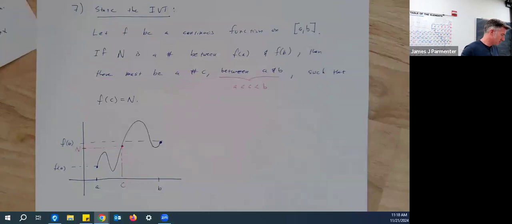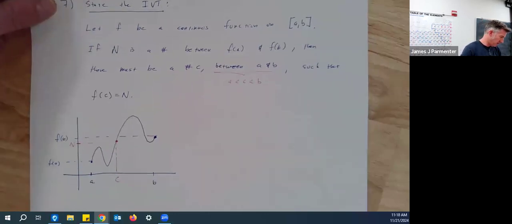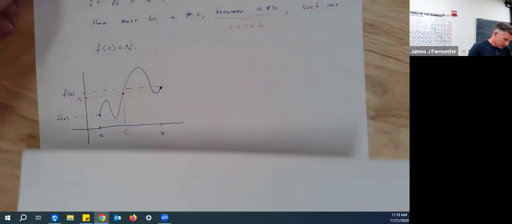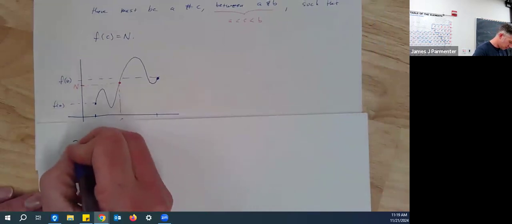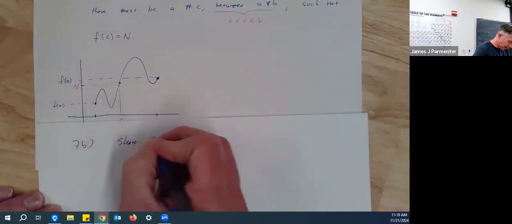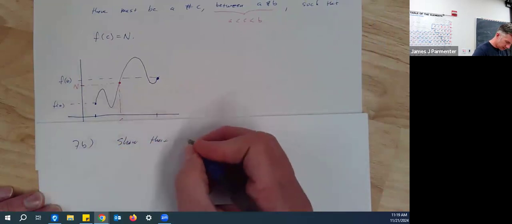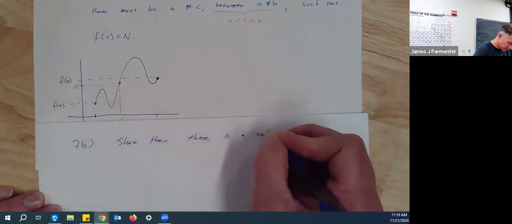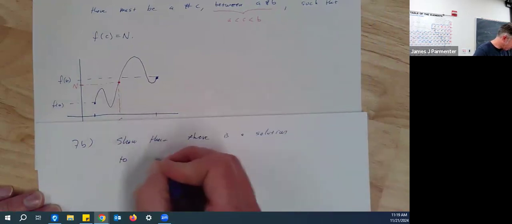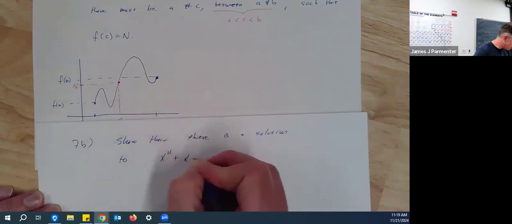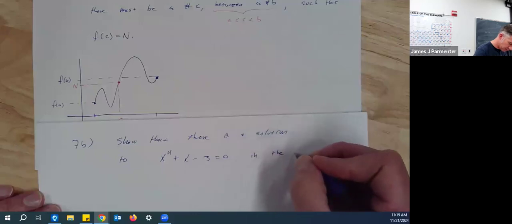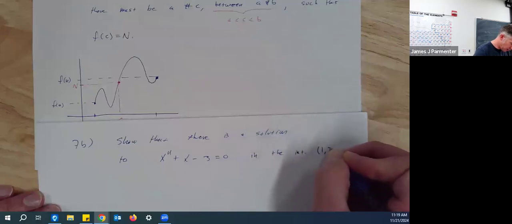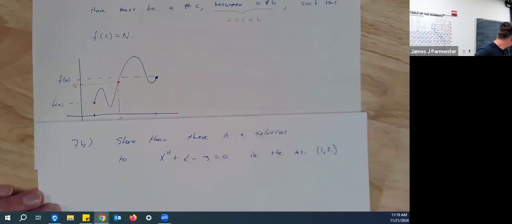Let's look at the question, which is a typical question for an intermediate value theorem question. So this question says, show that there is a solution to the equation x to the fourth plus x minus 3 equal to 0 in the interval (1, 2), open.